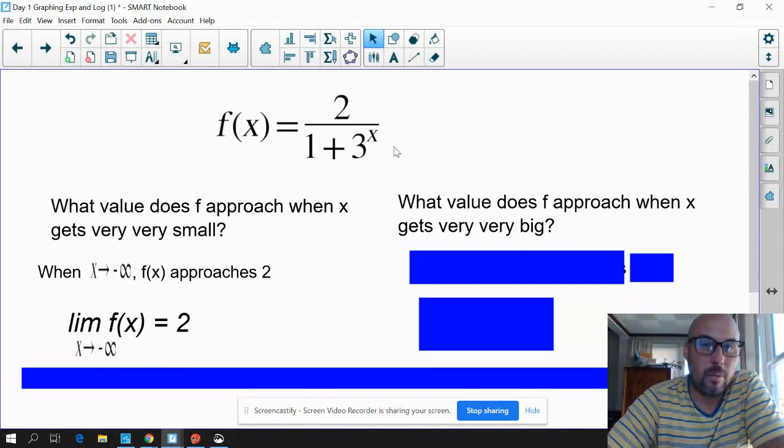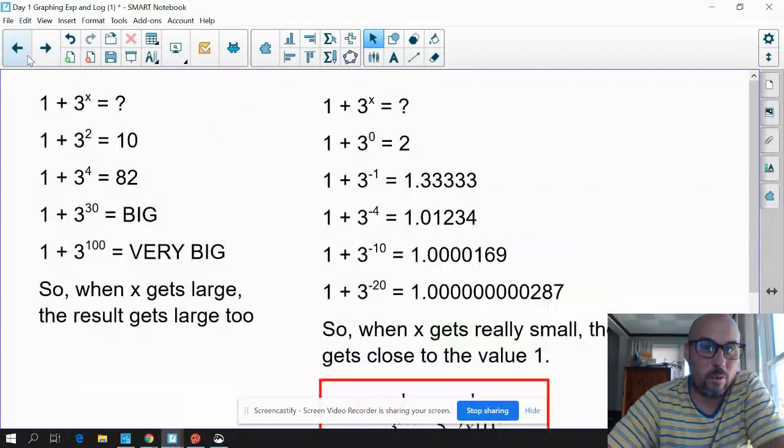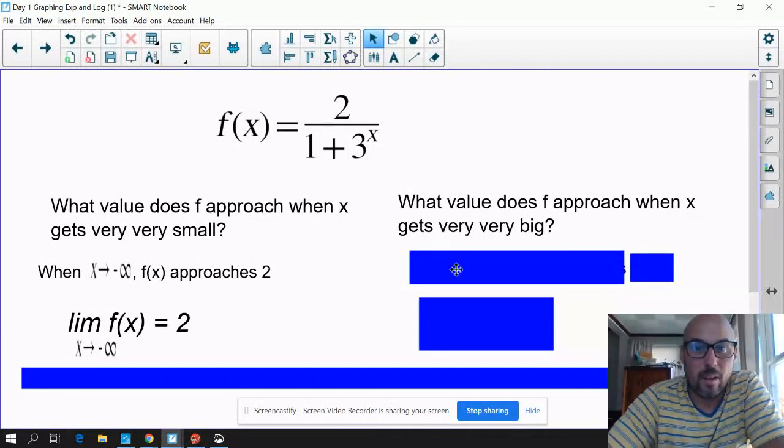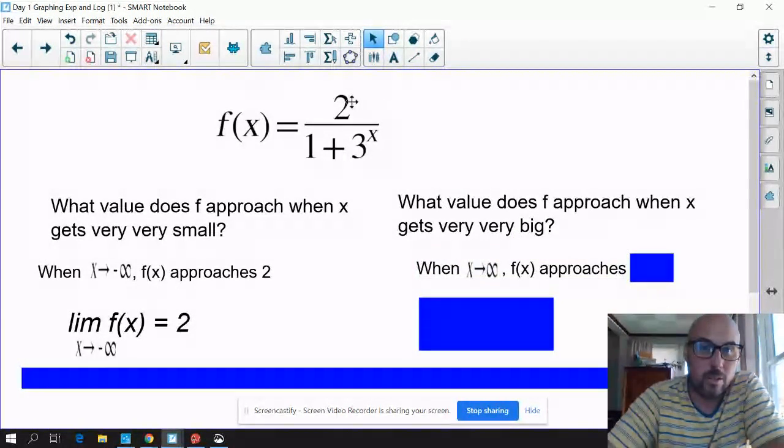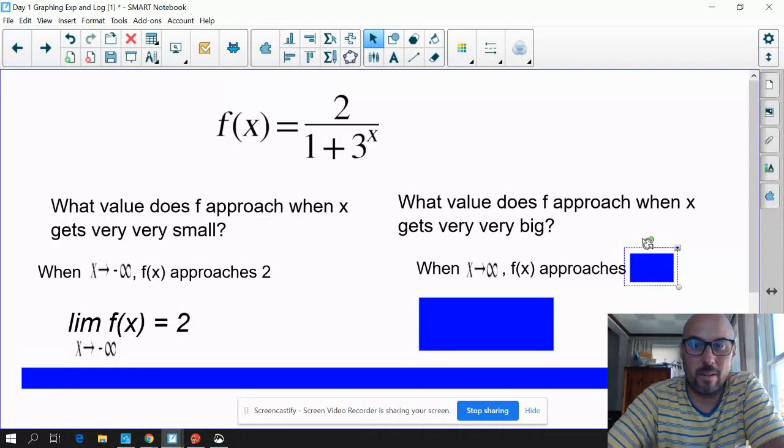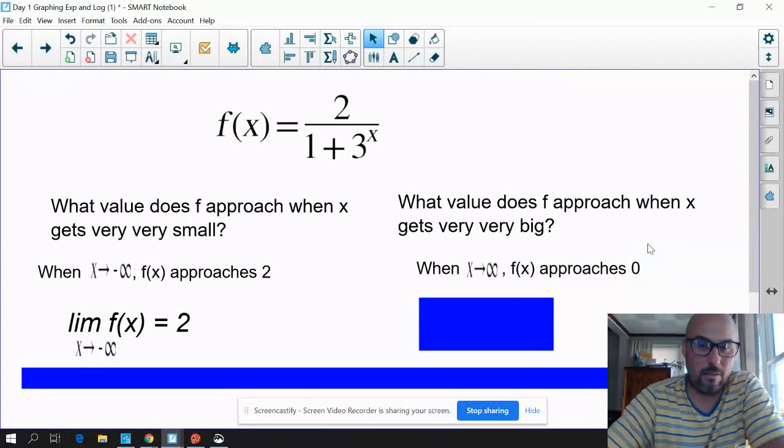What happens when x gets really, really big? Well, we saw that over here. When x gets really, really big, 1 plus a really, really, really big number is itself really, really big. So as x gets big, you end up taking 2 divided by a really big number. So 2 divided by a really big number is basically 0.